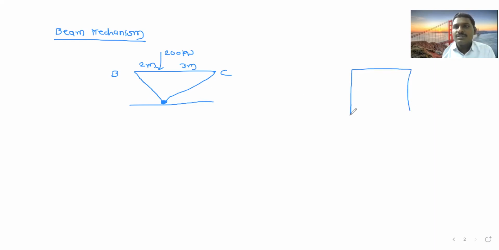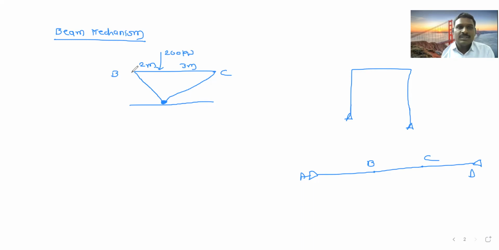This is a continuous frame. If we open this frame, the frame will look like this. This is point B, C, this is A, and this is D. So like this the beam frame will act if we open it. Will movement be there at B?